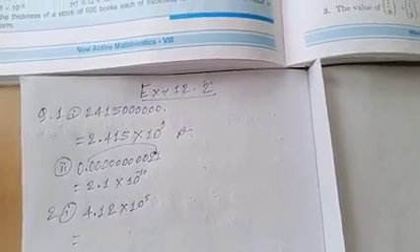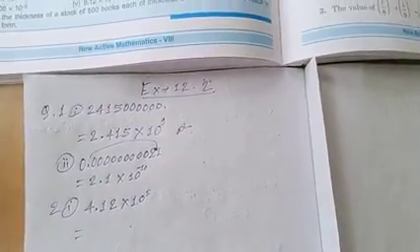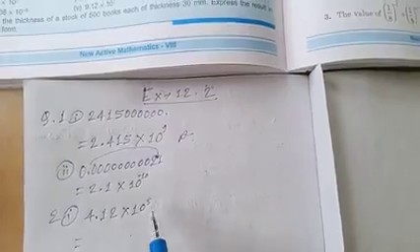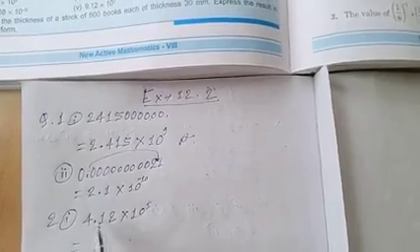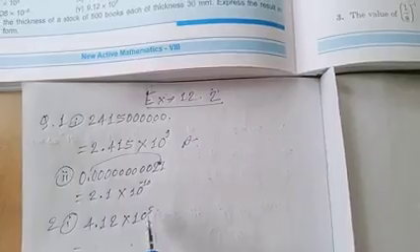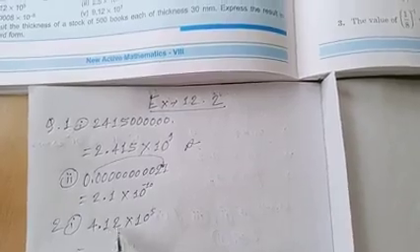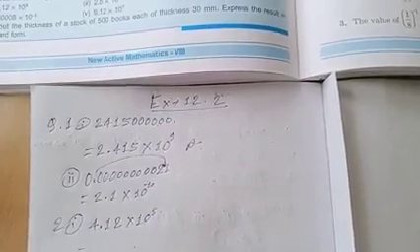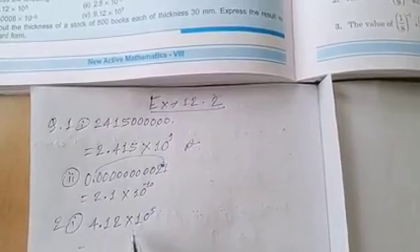To write the number in the usual form, we will see the reverse process. Reverse process means, what is the power? The power is plus 5. So you have to shift the decimal point to the right side by 5 places. But here, after the decimal point, we find there are only 2 places. So for the remaining places, we will place 0.